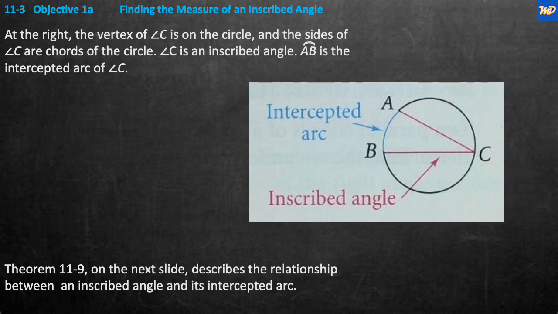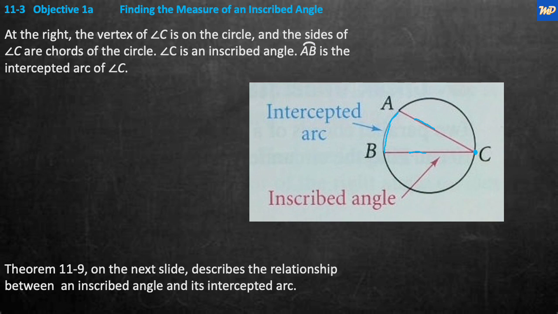So as you see there, C is on the circle. And these chords, AC and BC, intercept the circle opposite the angle, at a place called the intercepted arc.